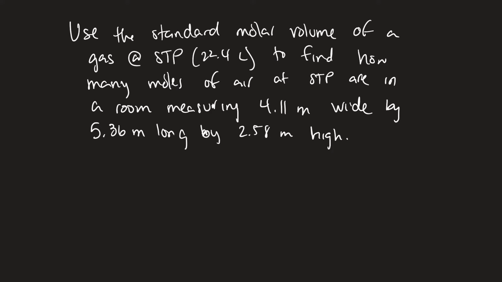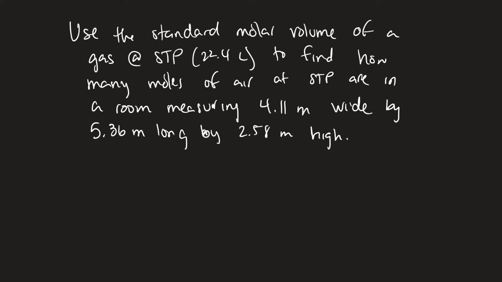Now if you recall that 1 meter cubed is equal to 1,000 liters, the volume must be in liters for us to use molar volume. So we're going to use this relationship to convert from meters cubed to liters.